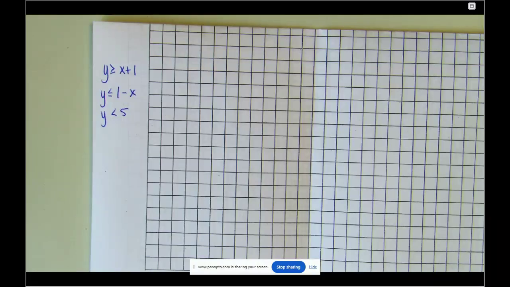So a solid line. But shade it first, okay? Before you even go on to the next one.